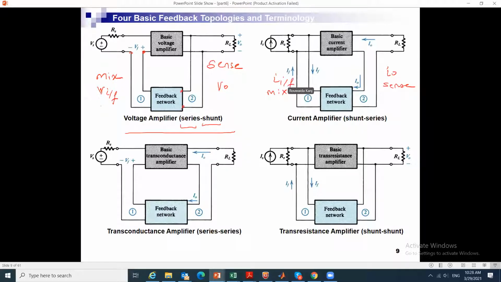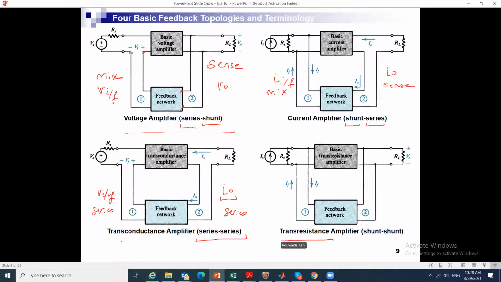Sensing a current is done in series, and mixing the current is done in parallel, so it is shunt-series. And likewise, we will find that the transconductance amplifier is IO versus Vn, Vf at the input. So we are going to sense a current, this will be series, and we are going to mix a voltage, so this will be series, so this is series-series.